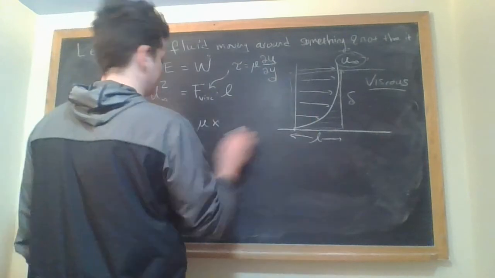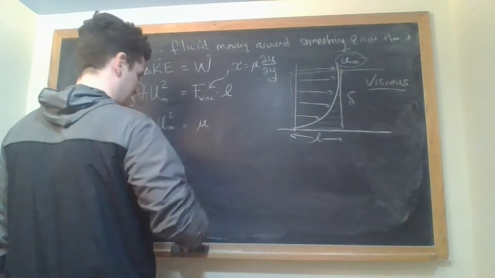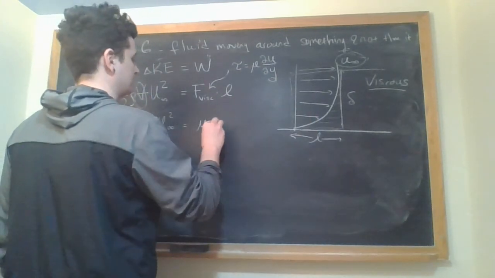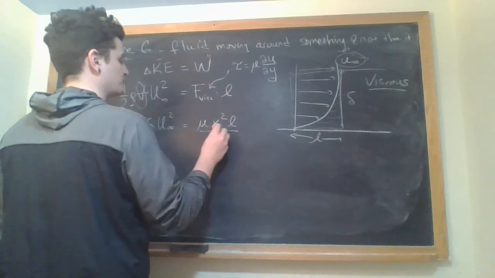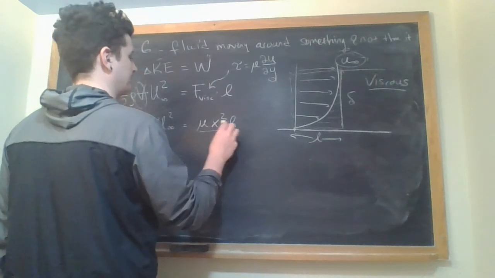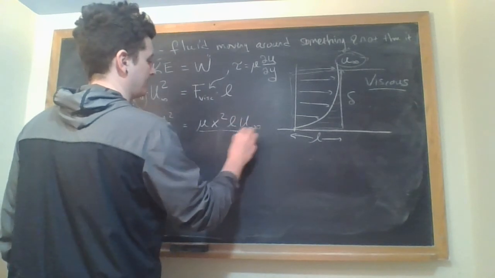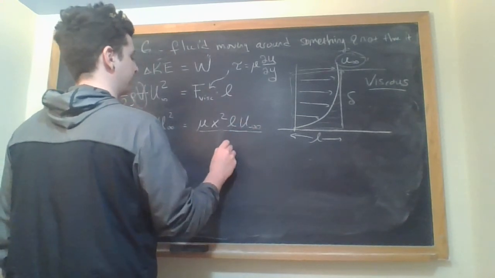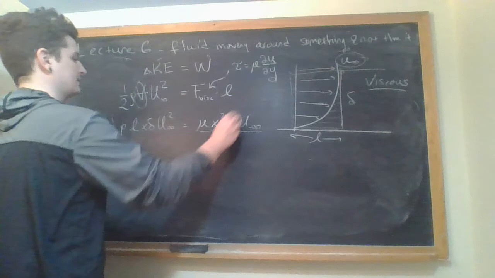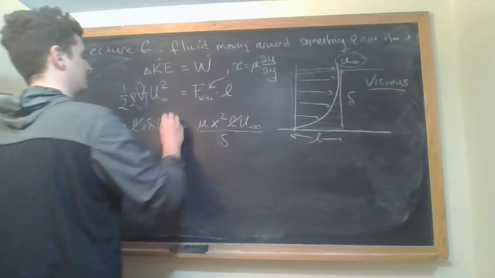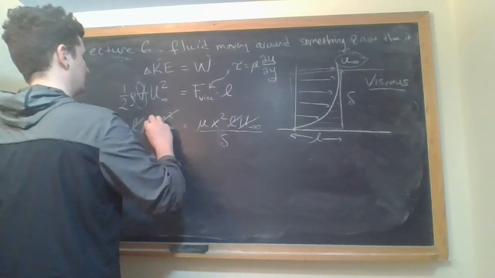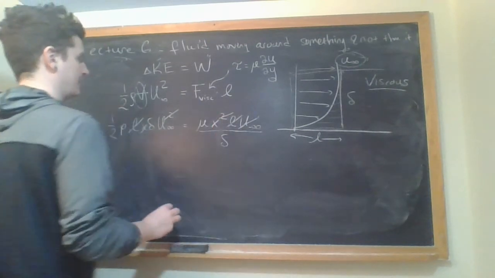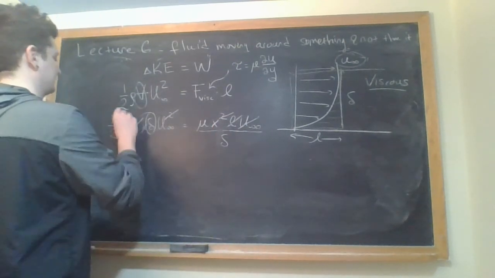So this area, let's say it's L squared, or x squared. This length didn't matter. I lose a power here, I lose one there. Solve for this.